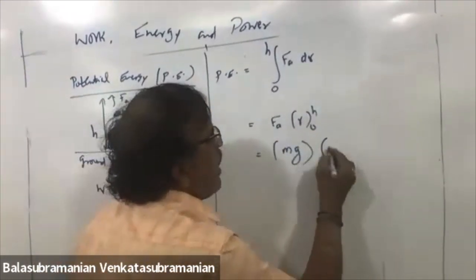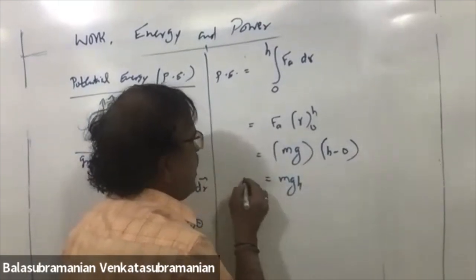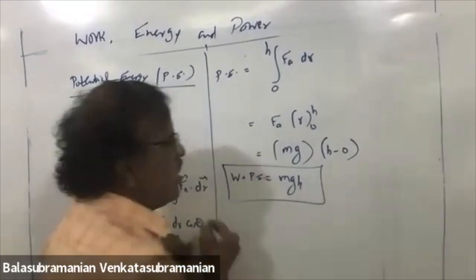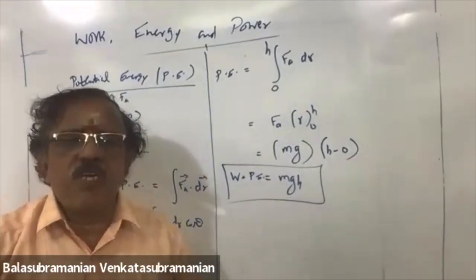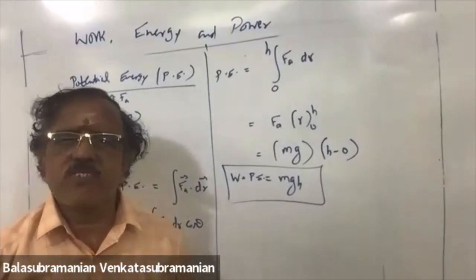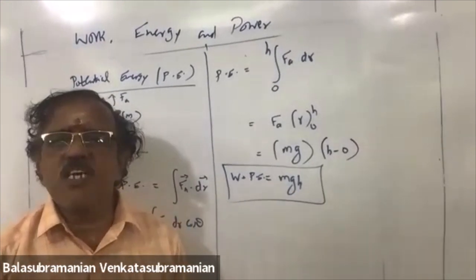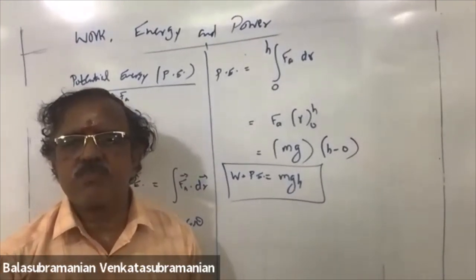Upper limit minus lower limit, h minus 0. So work done is equal to potential energy, which is mgh near the surface of the earth. When we go to extraordinarily high altitude, this value will change because g is not constant; g is variable in that case.